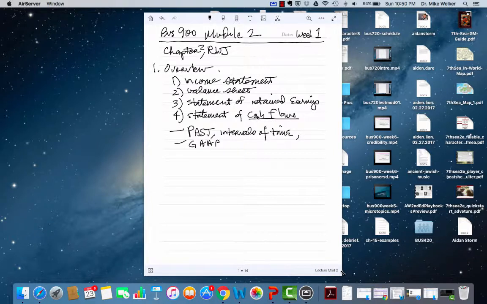What's more, this data is helpful because it helps us understand possible estimates about what will happen to a firm in future periods of time.